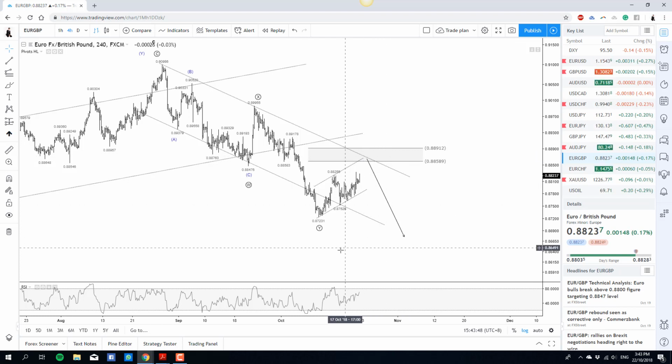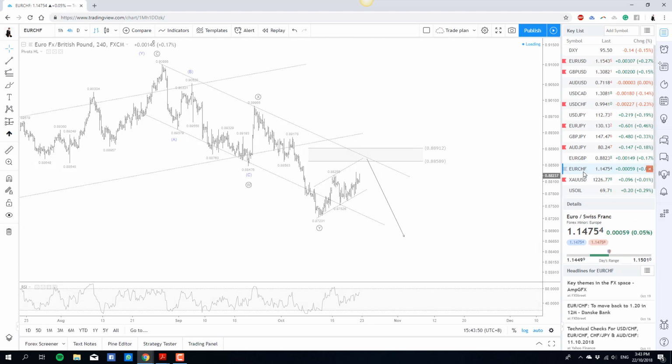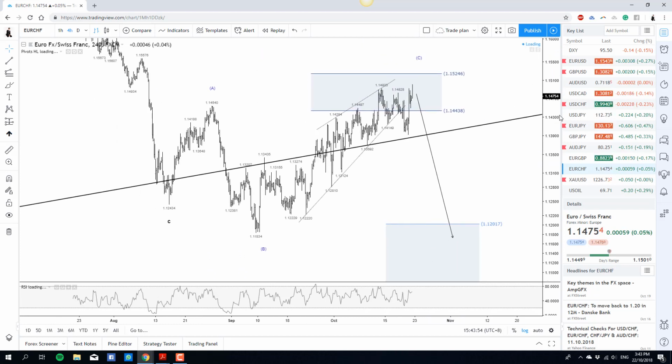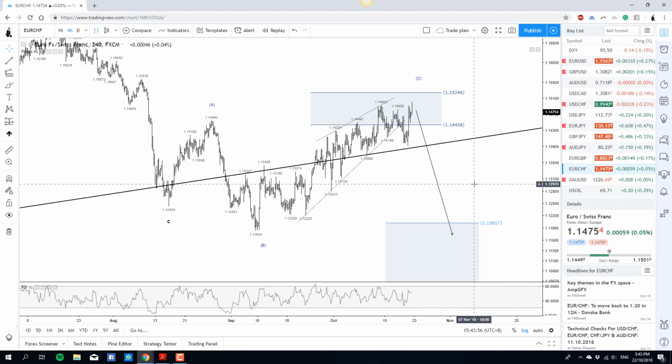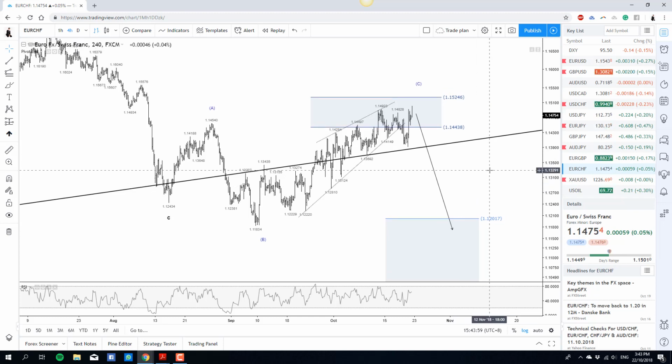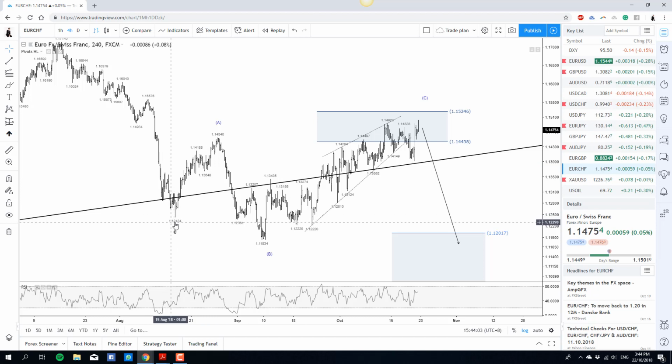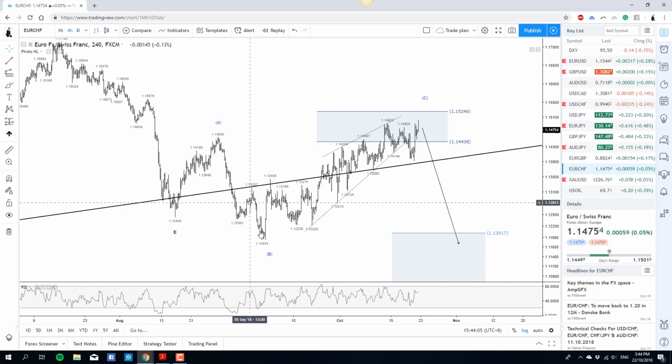potentially looking for lower targets. Right, Euro Swiss franc. Okay, our initial target is still there. Alright, our initial perspective doesn't change. This is what we are seeing. Okay, since the low at 1.1243, we are still seeing this as an expanding flat of ABC.